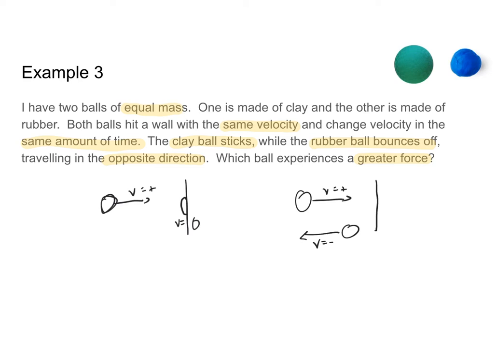So we know that the change in momentum for our rubber ball is going to be greater than the change in momentum for our clay ball, because the change in velocity for our rubber ball is greater than the change in velocity for our clay ball. So that means that the rubber ball will experience the greatest force because it has the greatest change in velocity and thus the greatest change in momentum.